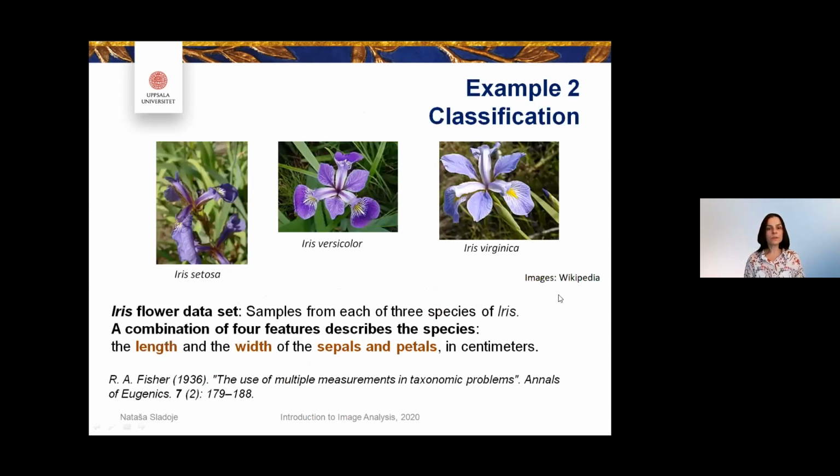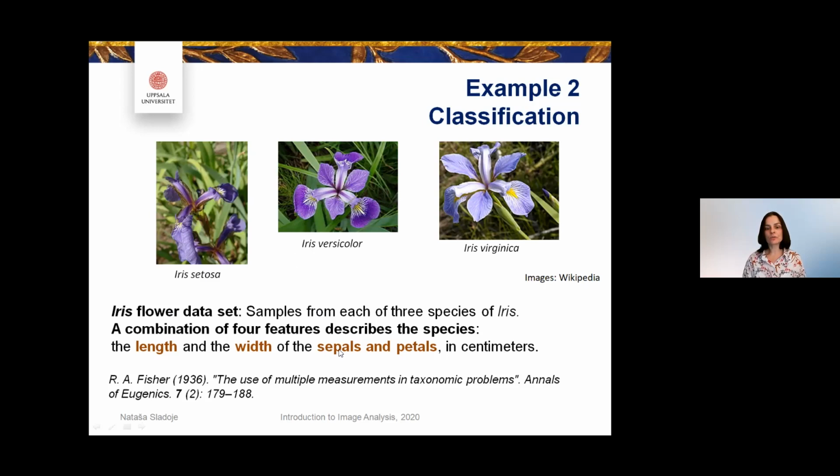Another example is related to a task of classification. So here are 3 different species of an iris flower, and it appears that to differentiate between these 3 different species, it is enough to know the length and the width of these 2 types of, let's say, leaves in a flower.